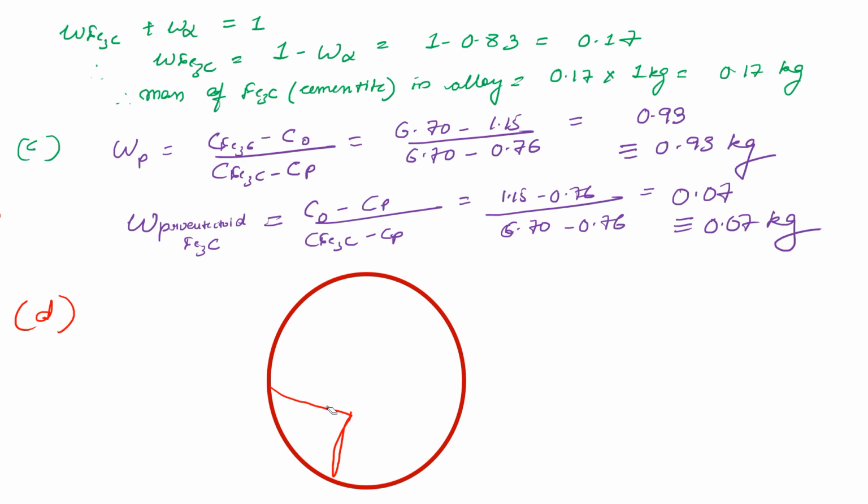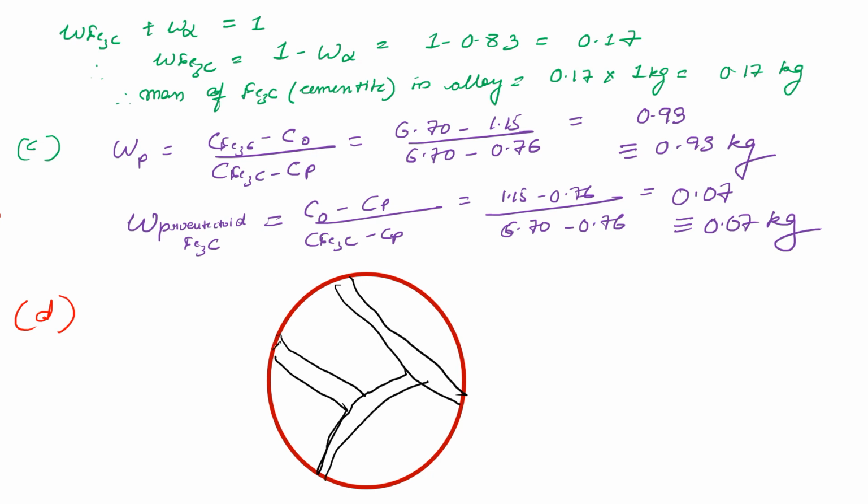I should rather draw with consistent color. We had drawn cementite with black, so we'll keep that same scheme. So this here is proeutectoid ferrite.